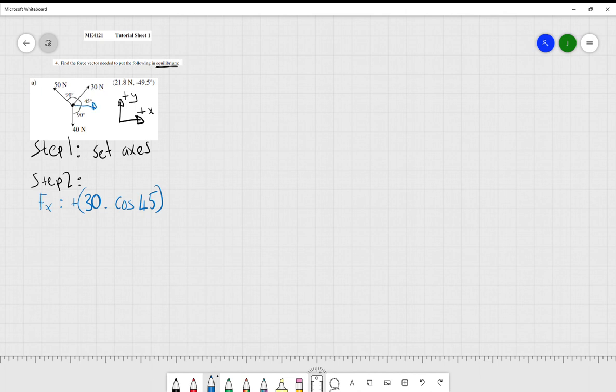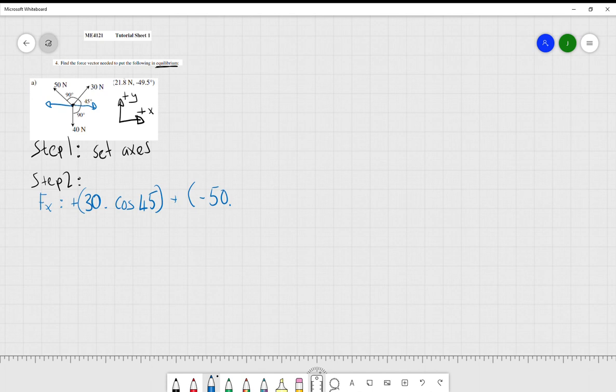For the 50 newton, its x component is going in the negative, so it's going to be negative 50 times, in this case, if this is 90 degrees, so what's left here is 90 plus 45, and that is 180 minus that, so it's 45.